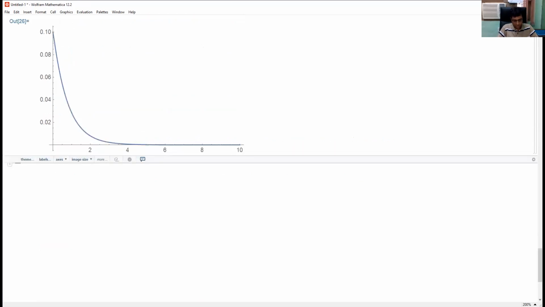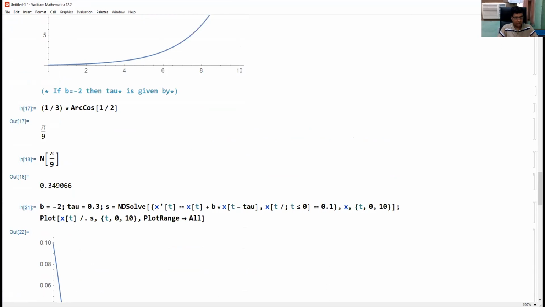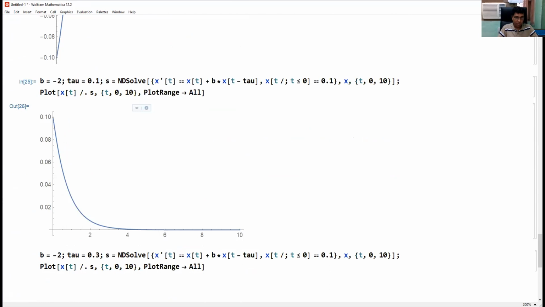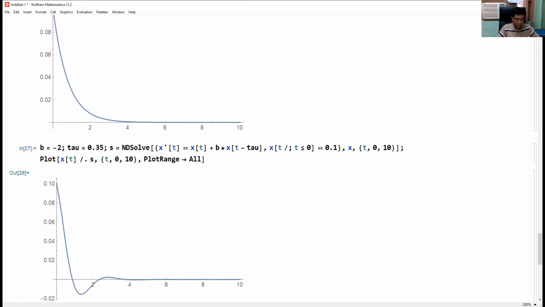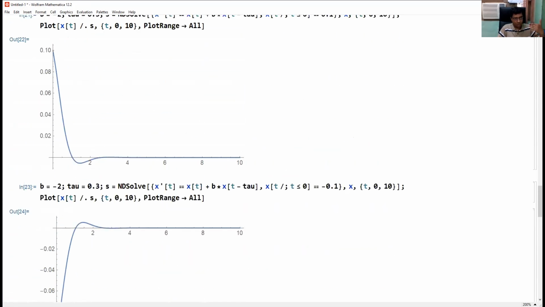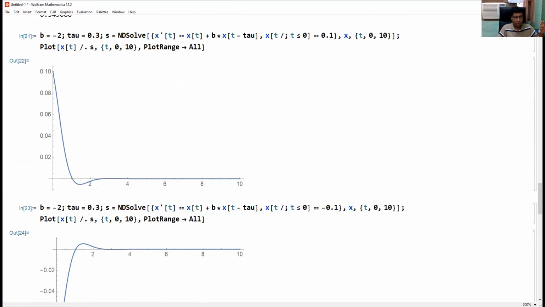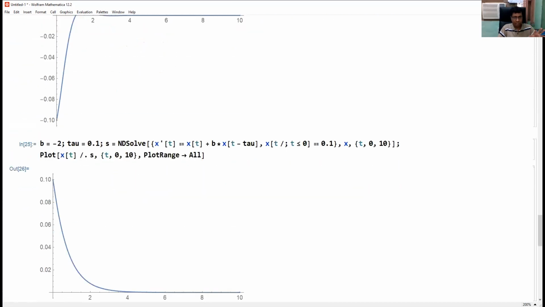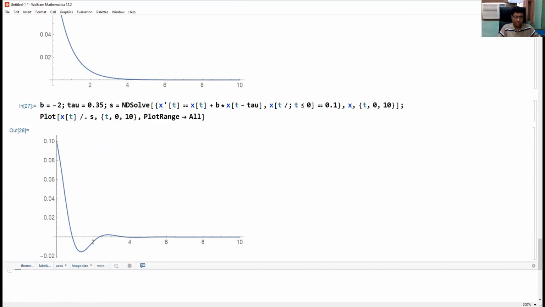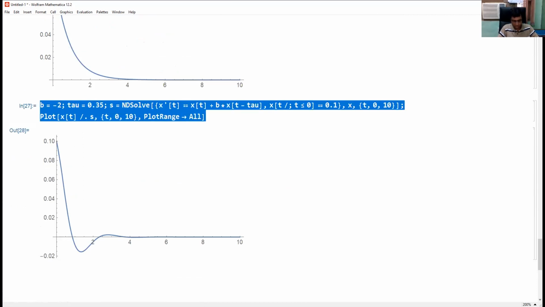Now let us take tau greater than this pi by 9. Let us take 0.35. It will be unstable, but it is very close to that boundary point, so we may not be able to check that thing. So we will take some large value. Greater than this means we may get some unstable solutions, though of course there is possibility of stable solutions also.